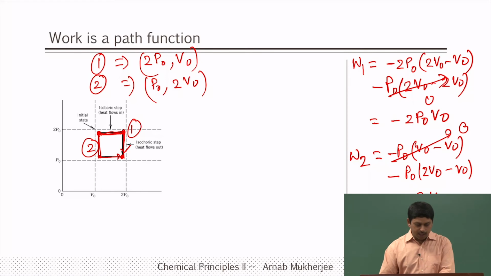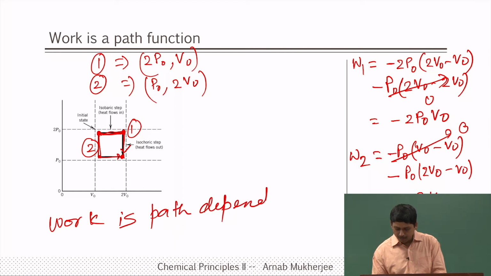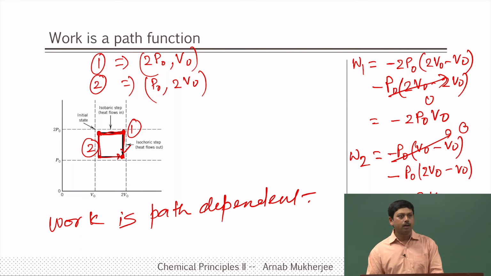So, that means we say that work is path dependent. Now, how does the system do the work? In order to do the work, it has to go from one step to another step, right. Let us say you do not supply any heat or anything.